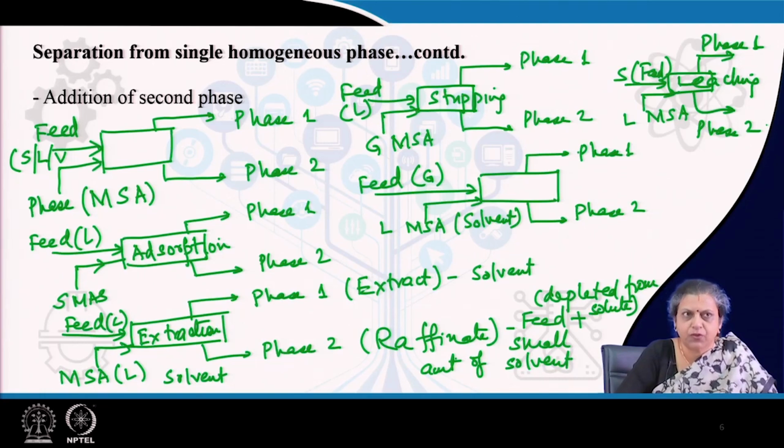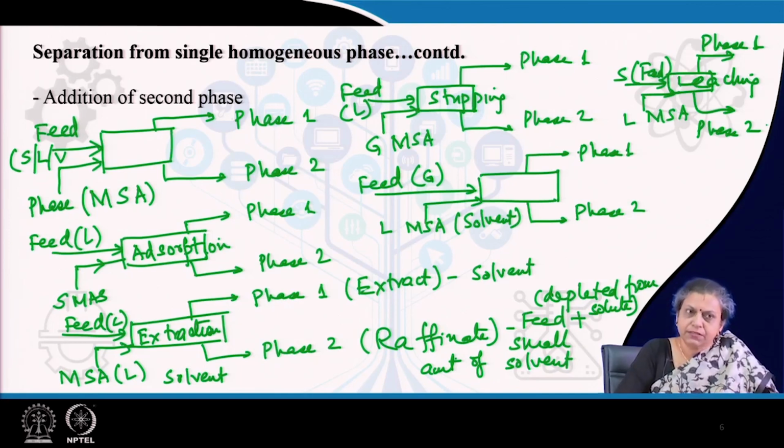Removal of water vapor from air, that is, drying of air, is a very well known adsorption process. Then dissolution of carbon dioxide from a carbon dioxide and air mixture by the addition of amines or water is a very standard, well known absorption process. In the same way, if you have a toluene acetic acid mixture, you can add water to preferentially dissolve, or preferentially remove, acetic acid from toluene.